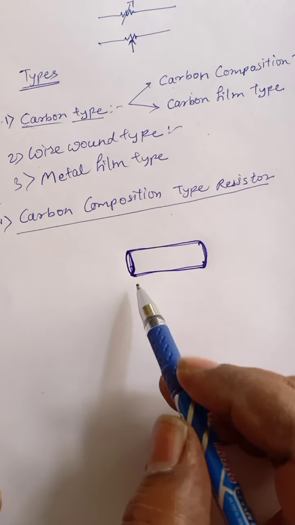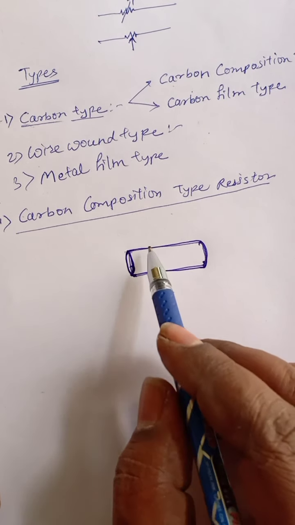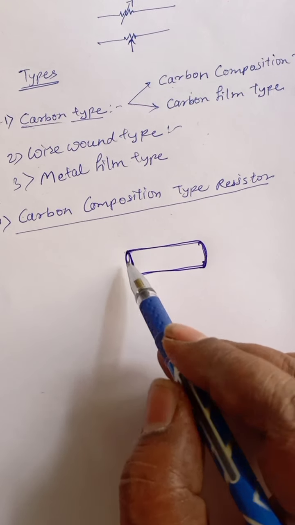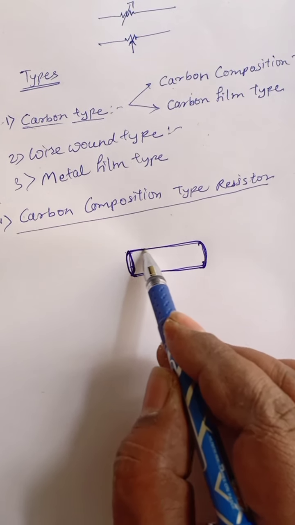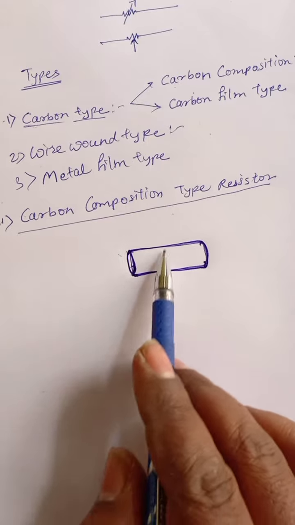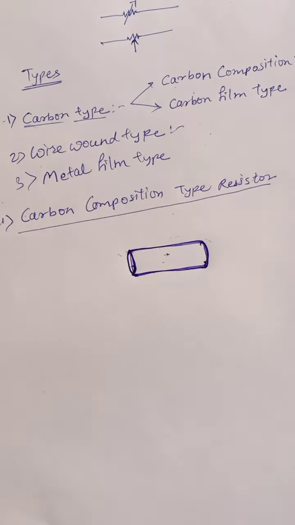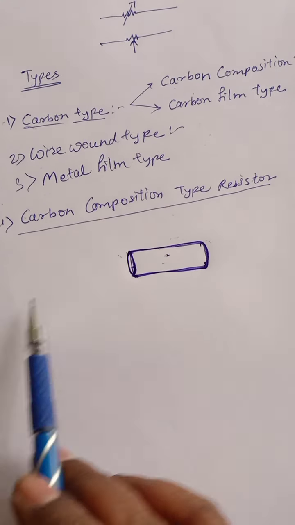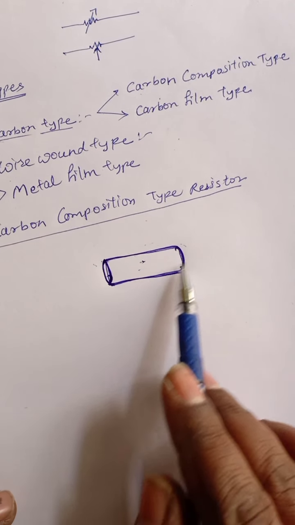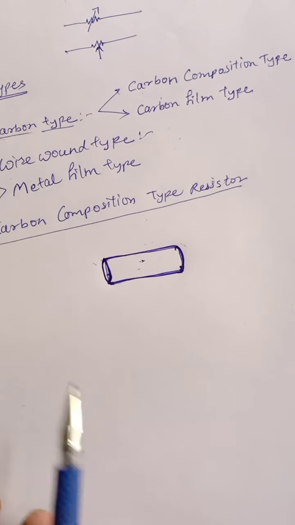The binding material is used to mold the structure. If we add a binding material like glue in the mixture, you can form a rod type shape. The mixture you use for this mold depends on the resistance value required, which decides how much mixture we use to form the mold.